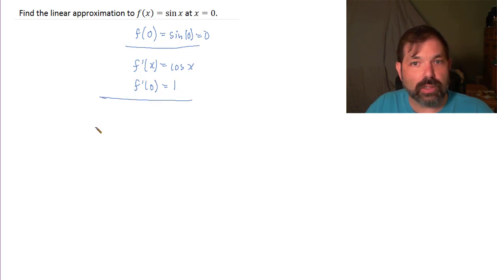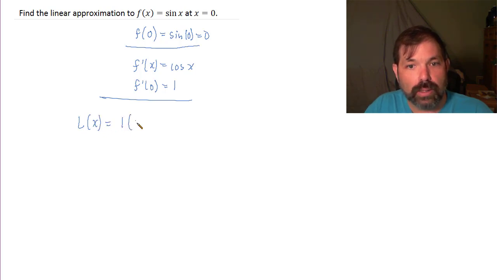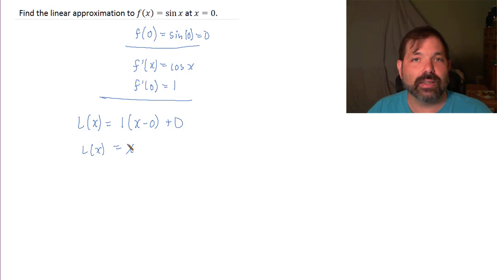So the linear approximation to sine x at 0 would be 1 times x minus 0 plus 0. The linear approximation is simply x. So sine x near the origin behaves like x.